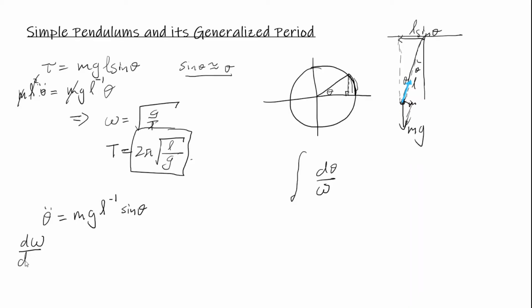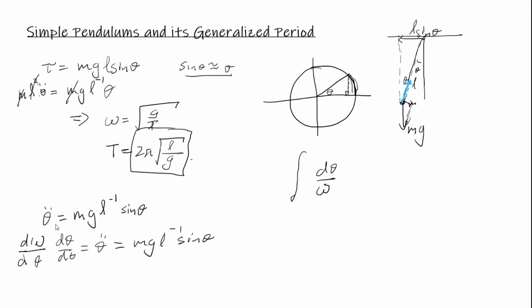d omega dt, and d omega d theta dt is equal to theta double dot, which is equal to mg L to the minus 1 sine theta.